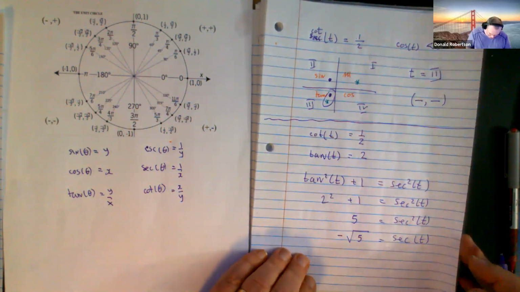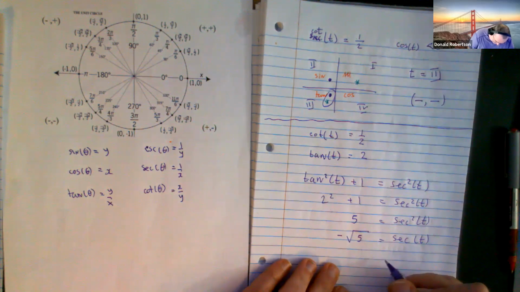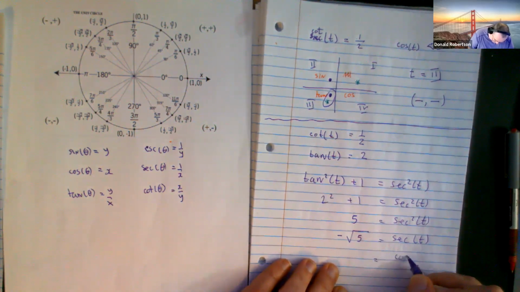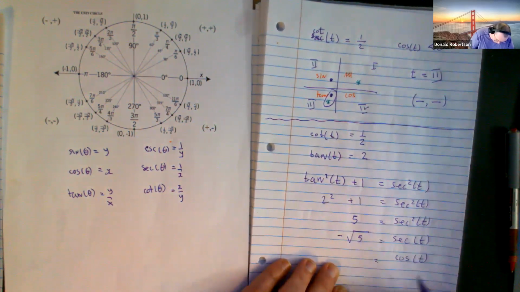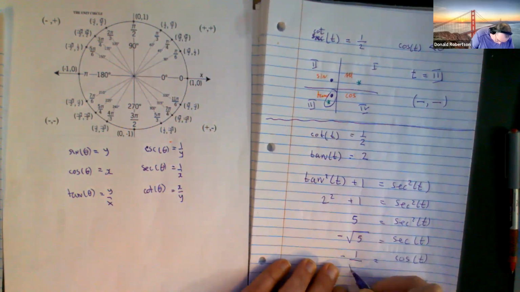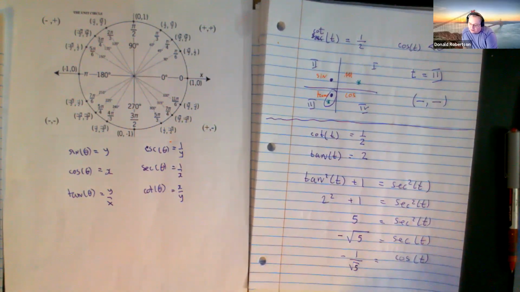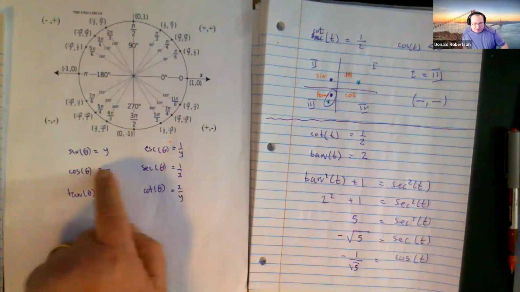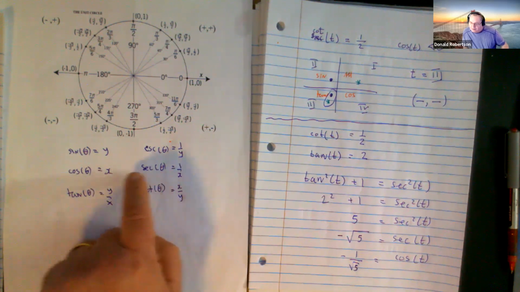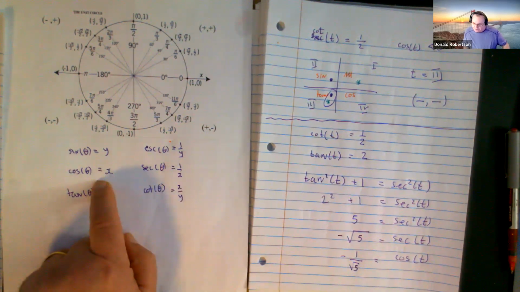Right. Now, if the secant is that guy, doesn't that make the cosine 1 over that guy? You're comfortable about that? The secant, cosecant, right? Secant, cosine. Right. You're the upside down version.